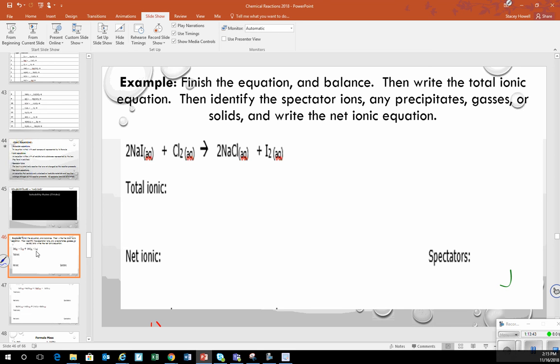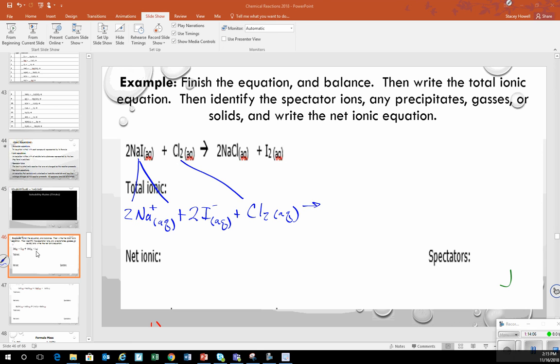If it's an element, you don't want to split it. So for the total ionic, I would split this one into 2 Na plus AQ plus 2 I minus AQ. This one I would just bring down, plus Cl2 AQ.